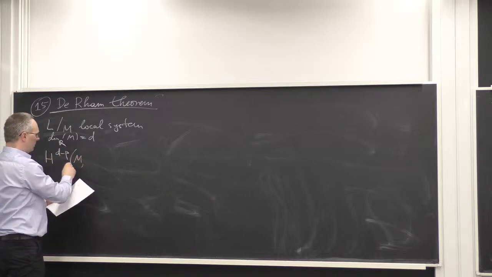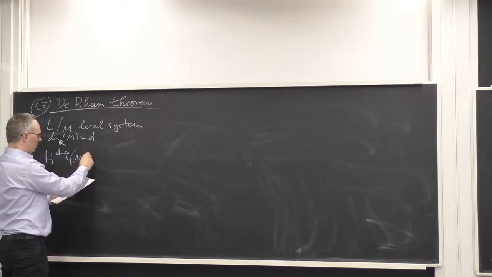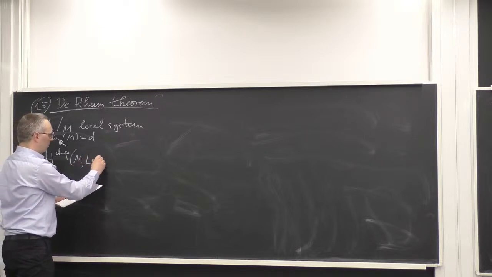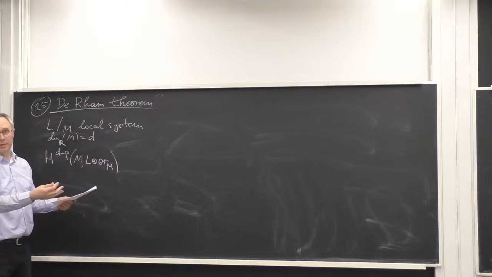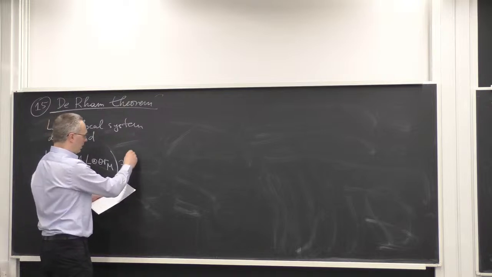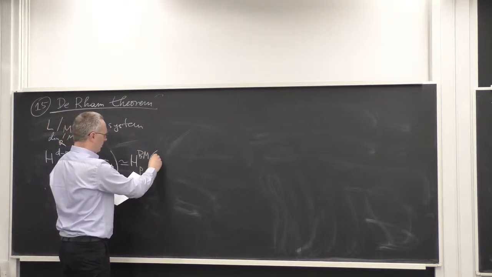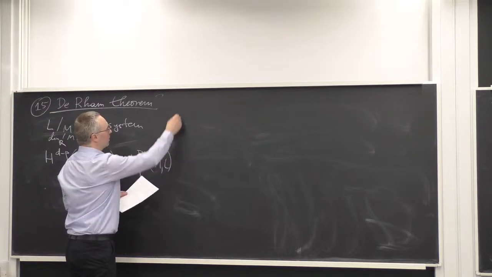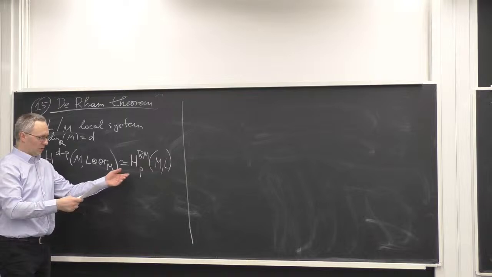of M. So we consider the cohomology of M with coefficients in a local system. The local system is the tensor product of L by the orientation sheaf. M doesn't need to be orientable; otherwise it is just trivial. And this is isomorphic to the Borel-Moore homology of M with coefficients in L, where Borel-Moore homology is defined by locally finite chains.